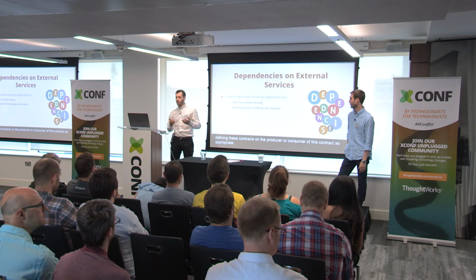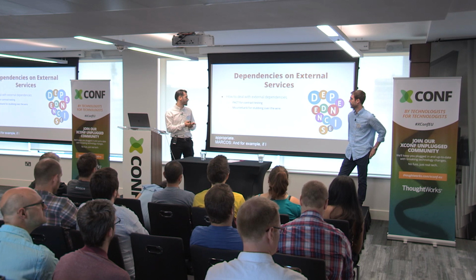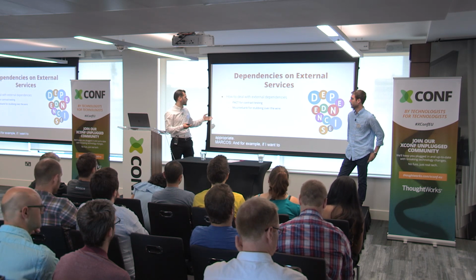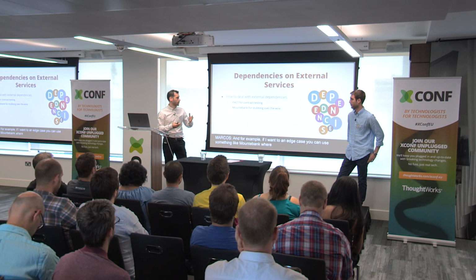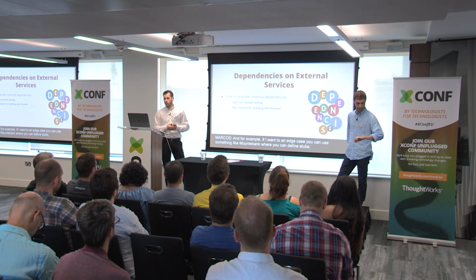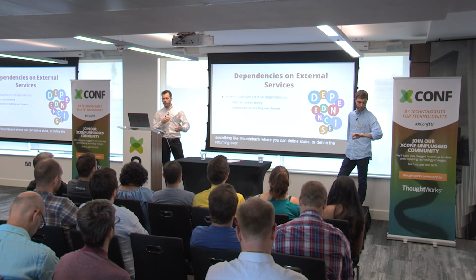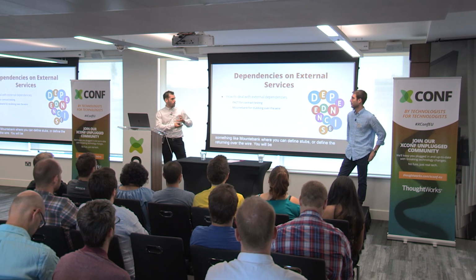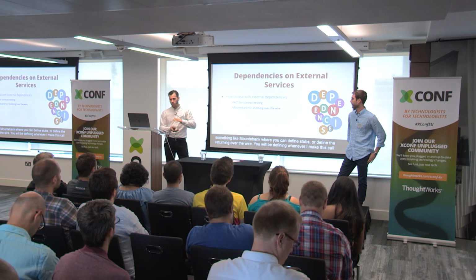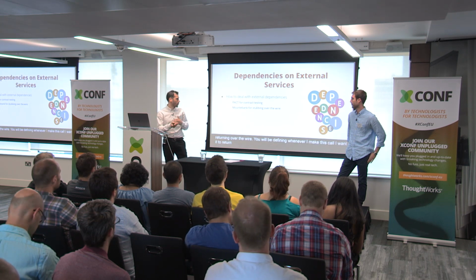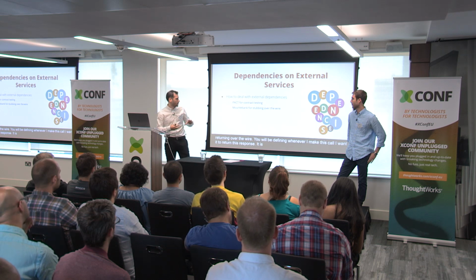And for example, if I want to test an edge case, you can use something like Mountebank, where you can define stubs that are returned over the wire. So you will be defining whenever I make this call, I want it to return this response. It's like stubbing or mocking in your unit test, but over the wire.